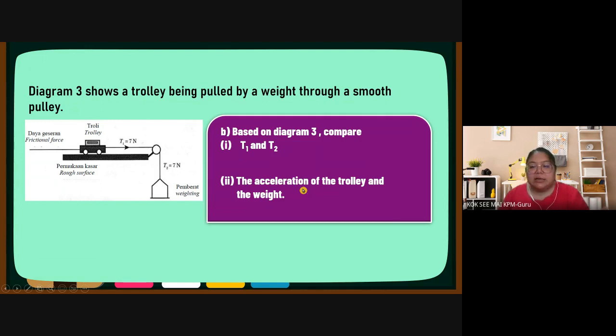So this one we call comparison. Okay, the acceleration of the trolley and also the weight. 问你哪一个的 acceleration 比较快？After that, how to answer?